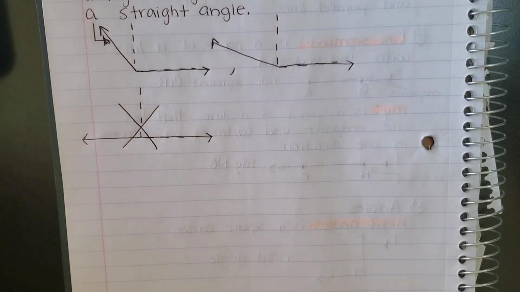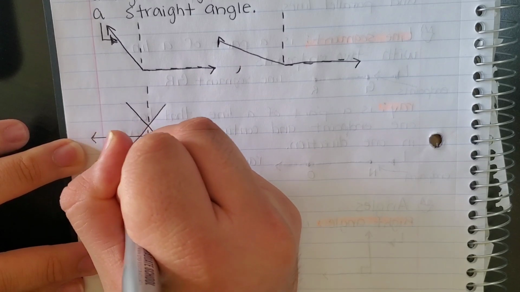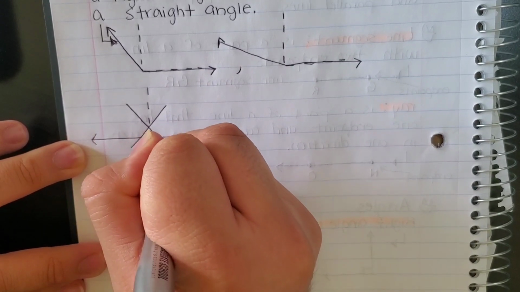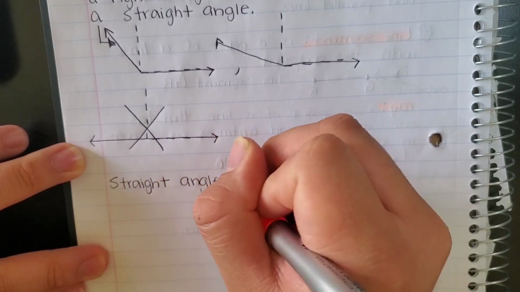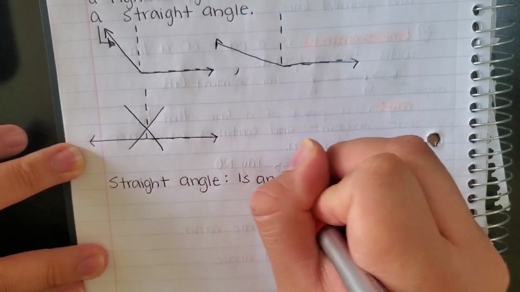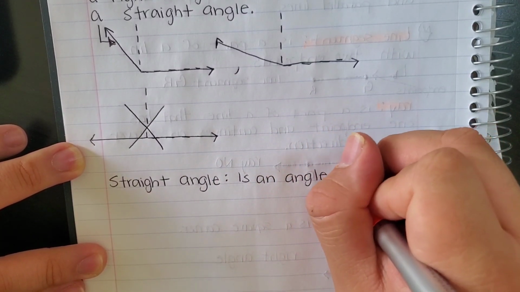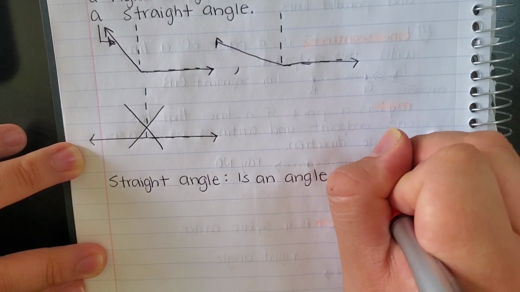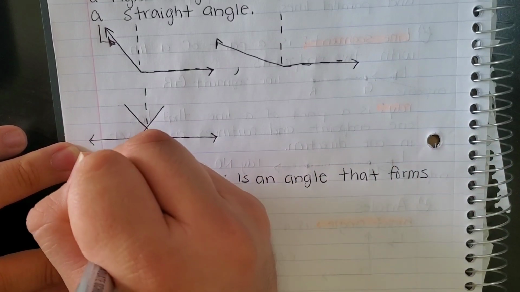Okay? So, a straight angle is an angle that forms a straight line.